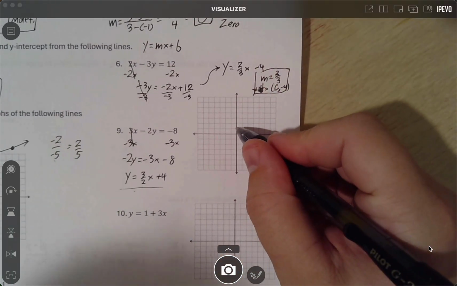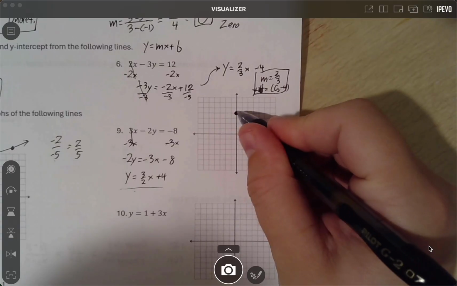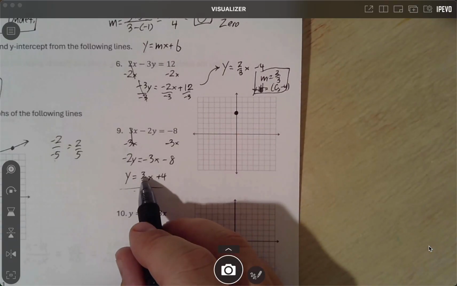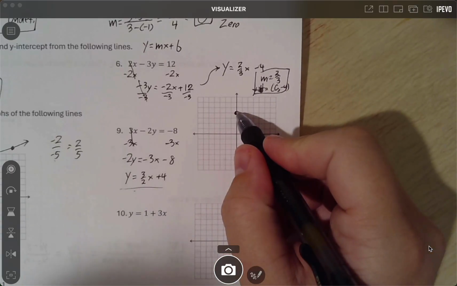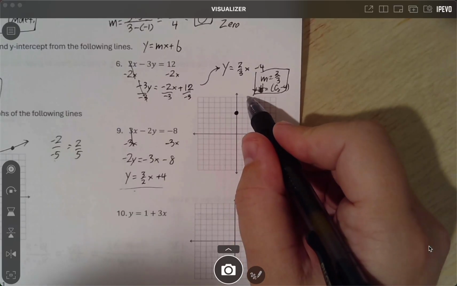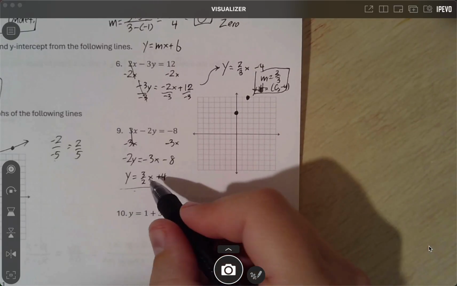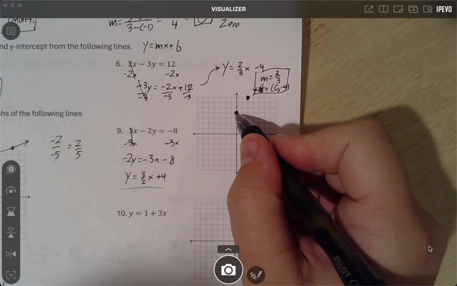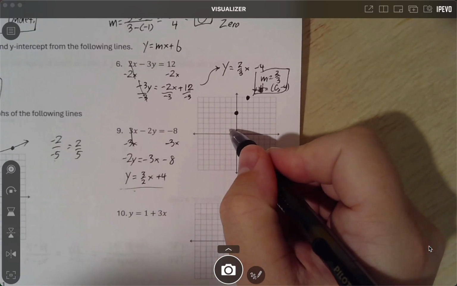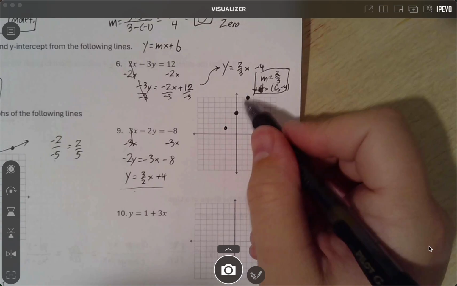I've got a y-intercept at 1, 2, 3, 4. And I've got a slope where I can go up 3, right 2, up 1, 2, 3, right 2. I could also negate this, which means now I could go -3 and -2, and that still fits the same pattern.